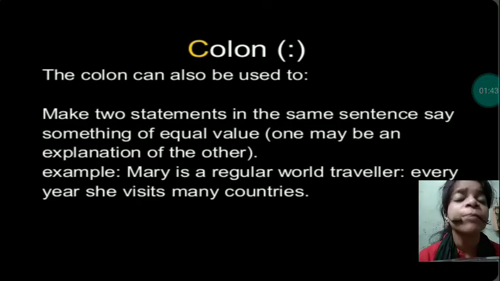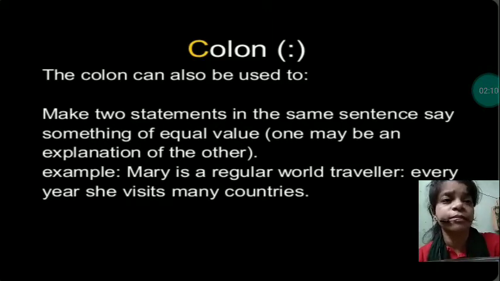This is one statement. Second statement: every year she visits many countries. If someone visits many countries every year, that simply means the person is a regular world traveler. So here both the statements denote the same thing, they have equal value, and that's why the colon is used to separate these two statements.